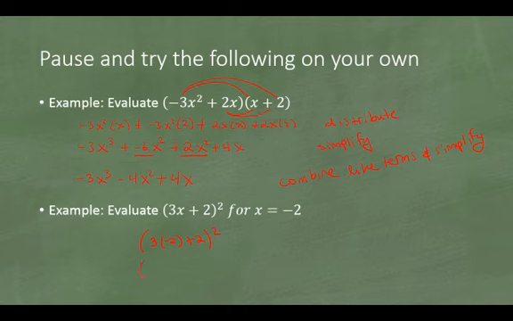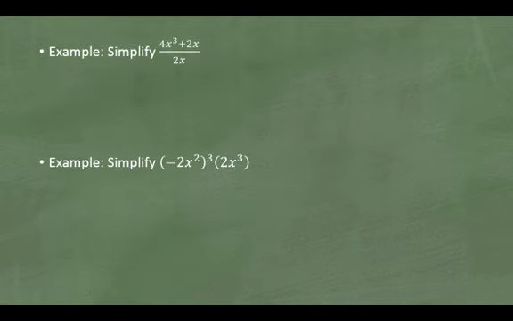And then simplify from there. 3 times negative 2 is negative 6. Negative 6 plus 2 is negative 4. And negative 4 squared is negative 4 times negative 4, which is 16. Try these on your own.